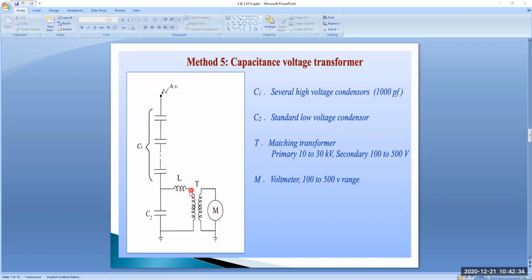How is it possible? By maintaining XL equal to XC, inductive reactance equal to capacitive reactance. Then only is the transformer under resonance. So by changing the choke coil L, we adjust the transformer to resonance.